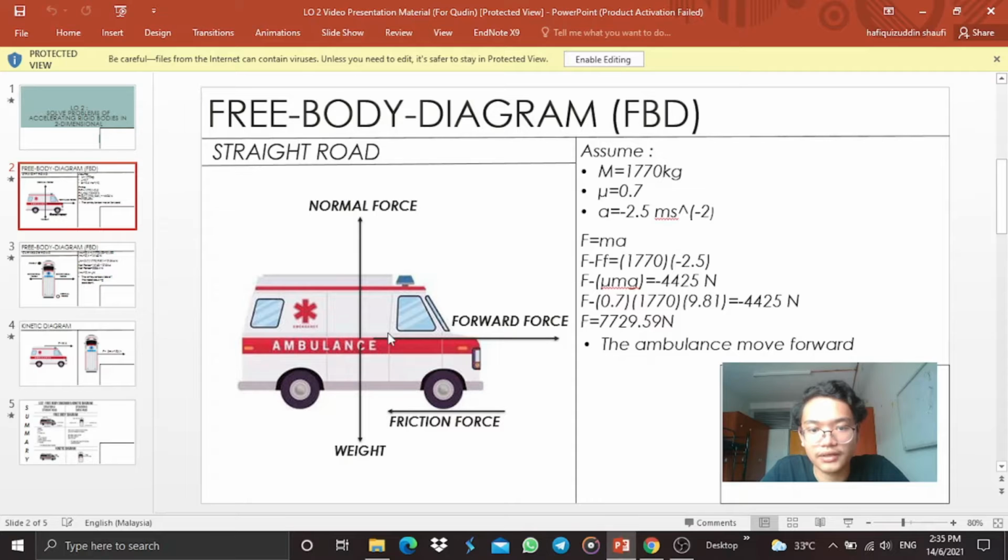We assume that the mass of the ambulance is 1770 kg, the coefficient is 0.7, and acceleration is minus 2.5. Using this formula, we can find the forward force, and after plugging in all the values, we can determine that the forward force is 7729.59. So we can say that the ambulance moves forward.